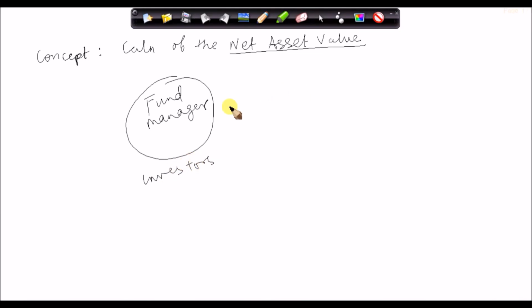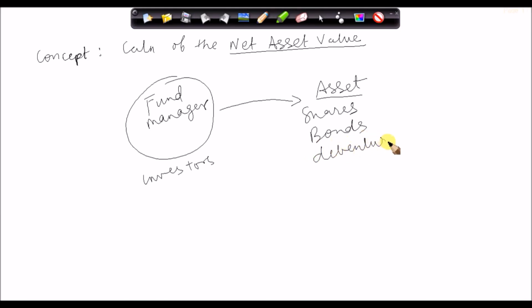Now this fund manager is going to invest the money into certain assets. The assets may be shares, bonds, debentures, cash balance, and there would be certain liabilities.